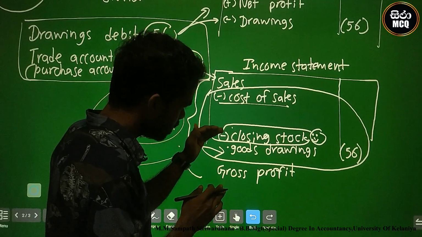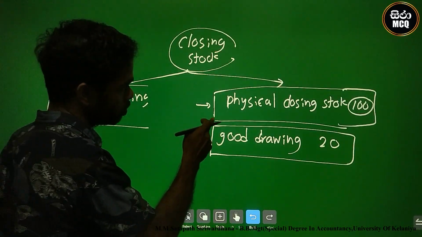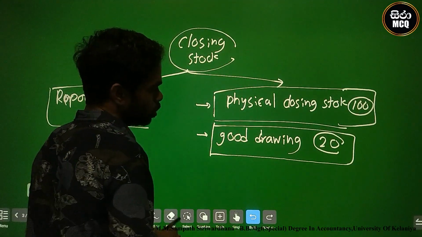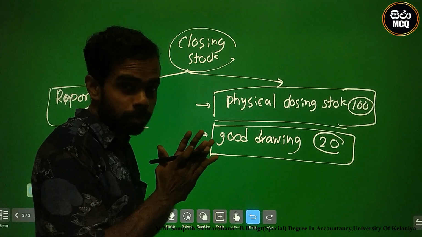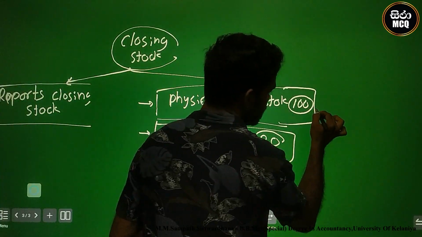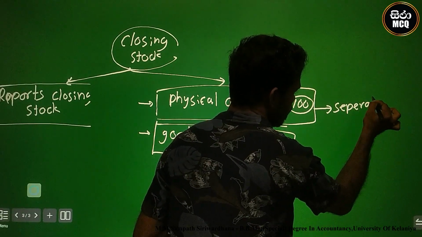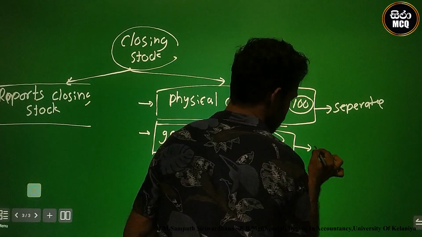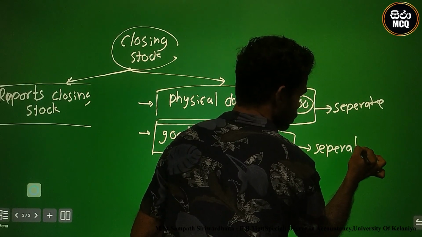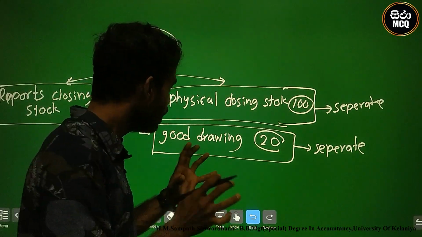At this time, the physical closing stock and the goods drawings are separate. This is separate. This is another separate one. There is no mixing. Why?